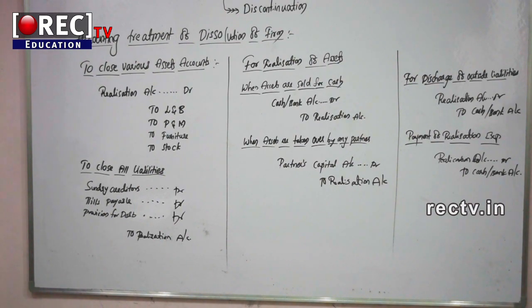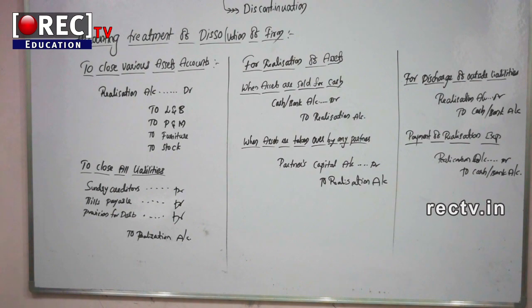So all the liabilities you have transferred to the realization account by debiting it at their book values. Now you have transferred all the assets and liabilities to the realization account.